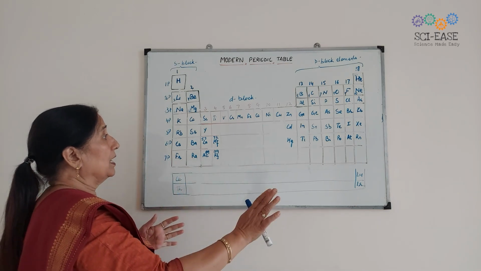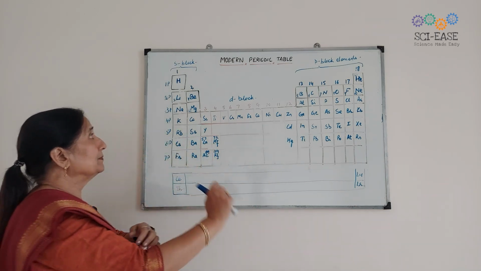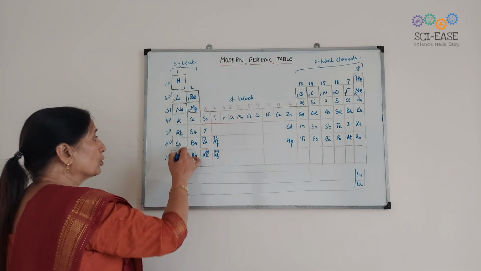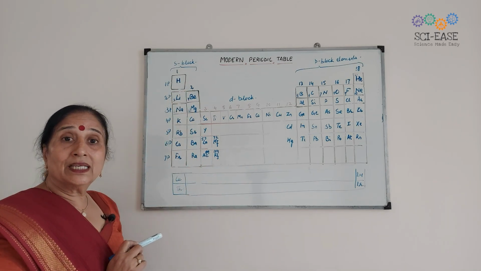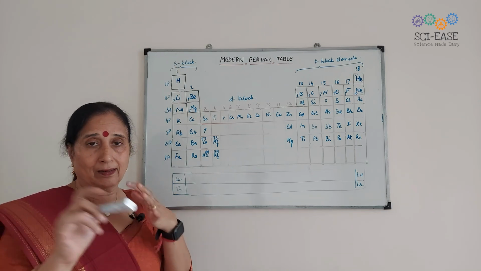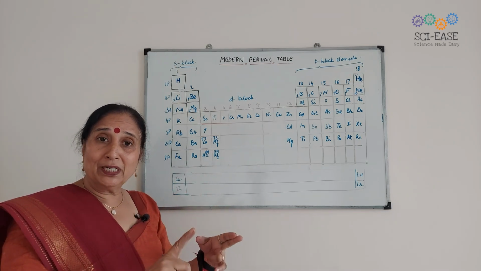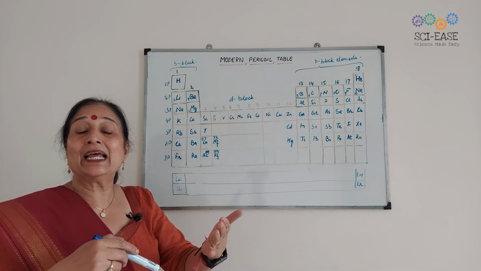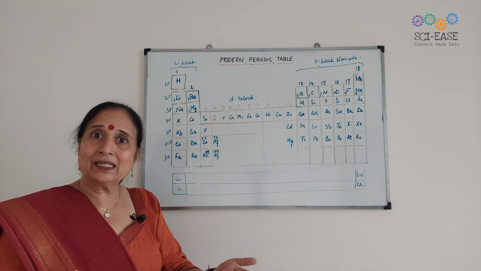Okay. Now, one thing I want to tell you, that in group 1, there is 1 electron in the valence shell. From the group number, you can tell how many valence electrons are there. What do you mean by valence electron?